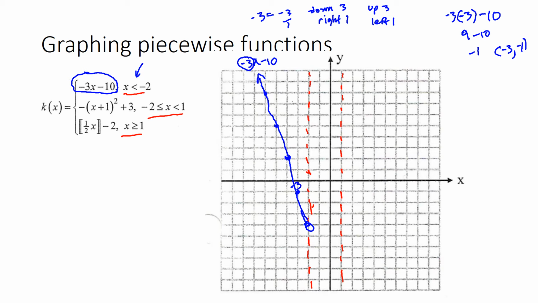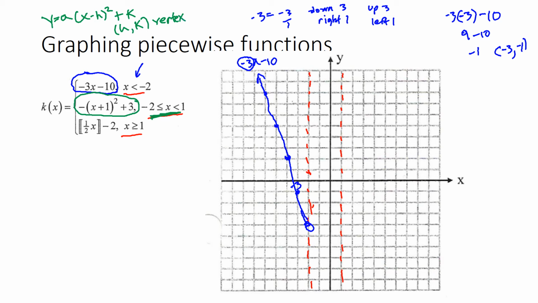For the next function, which is between -2 and 1, this is what we have. Our function here is in vertex form. For vertex form, which is a times x minus h squared plus k, we know that h and k represent the vertex.